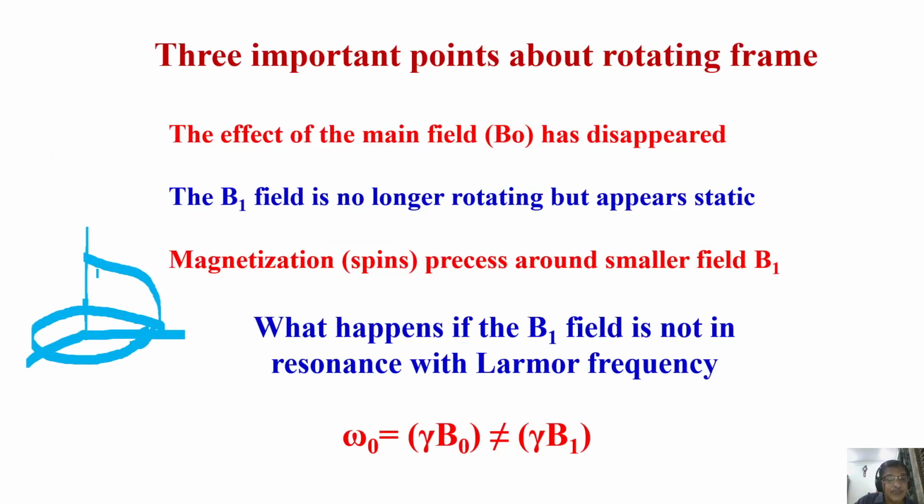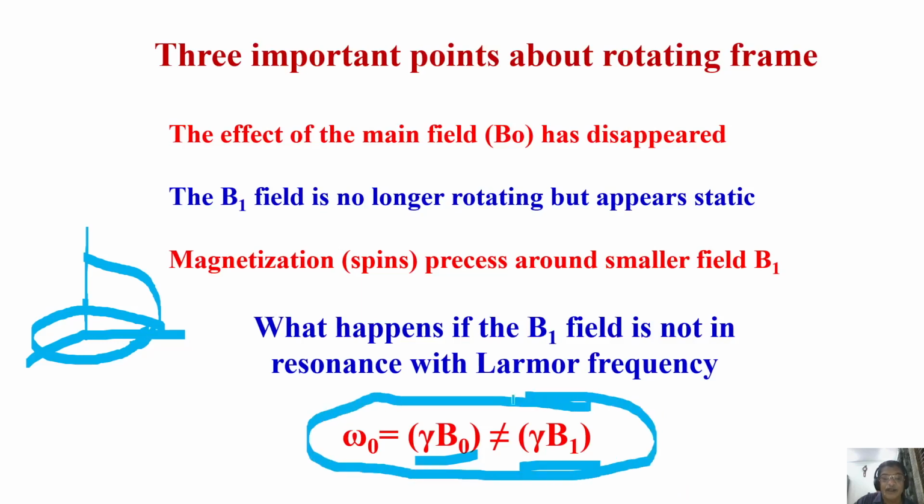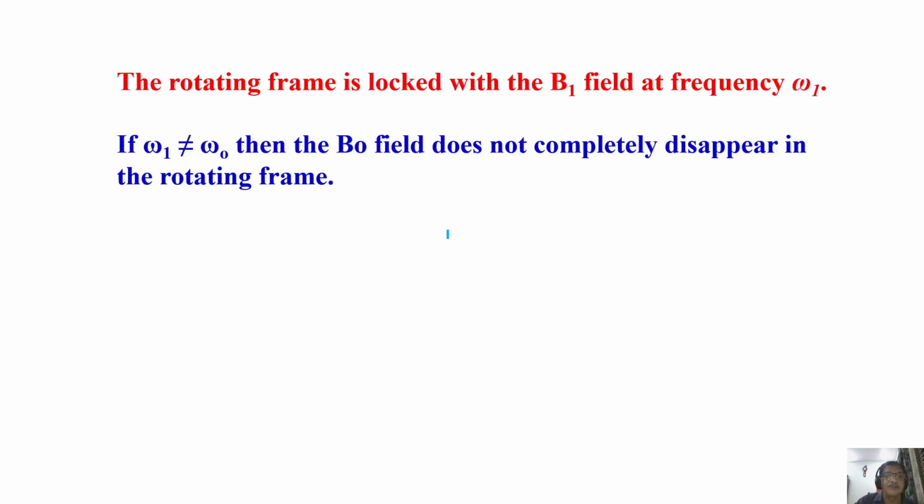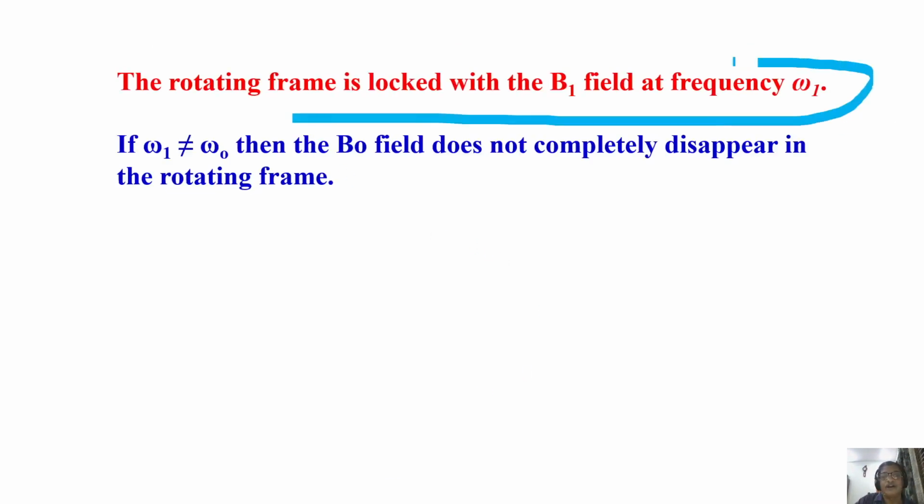In case gamma B naught and the RF you applied are not exactly matching, what will happen? When it matches, it is on resonance. When it is not matching, it is called the off resonance condition. The rotating frame is locked now along with the B1 field at a different frequency.